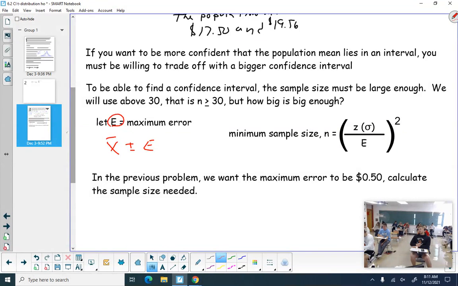If you're given the error and you want to find what sample size you need to allow this type of error, well, this error is your z or your t for the confidence interval, whatever your confidence interval is, times our standard deviation divided by the square root of n. If we solve this for n, because we want to try to get a sample size that is big enough.